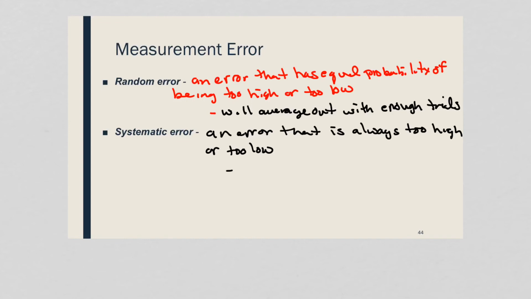And this will not average out. So, error is inevitable, right? This is why we have to worry about error: error is going to be inherent. And so it's a matter of recognizing the error and trying to minimize it.